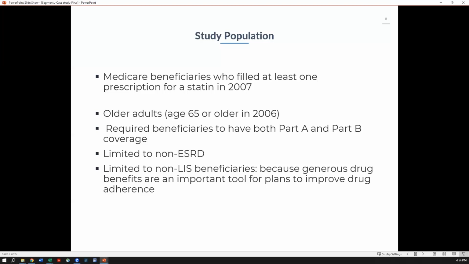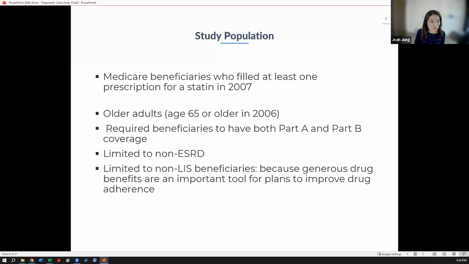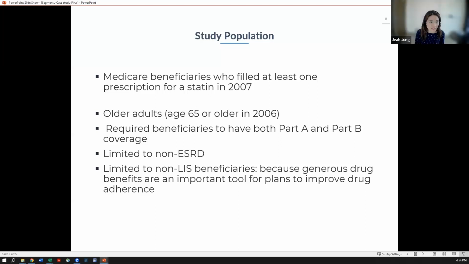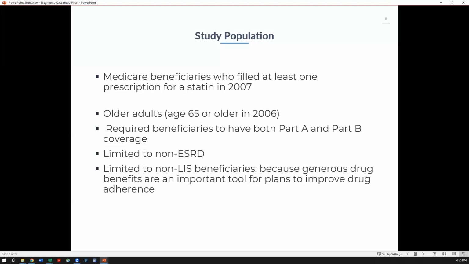Oh, you mean by looking into the PDE record, the LIS amount. So if the LIS amount is 0, you would consider them non-LIS. That's another way you could look at it. Yes, but we do have the LIS indicators in MBSF. Okay. Yes, sure, right.